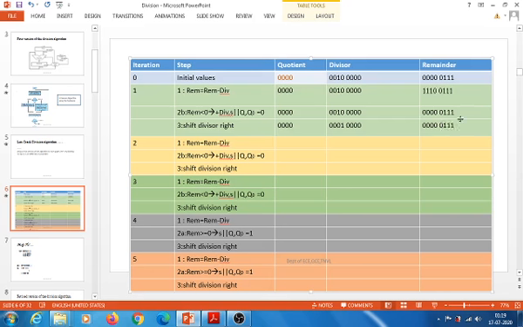Okay, and the next step, what I must do is remainder equals remainder minus divisor. So what is this remainder? We have 0, 0, 0, 0, 0, 1, 1, 1. I must subtract this divisor from this remainder. So I can negate all this and add 1, that is taking the 2's complement of this divisor, and directly add it to the remainder.